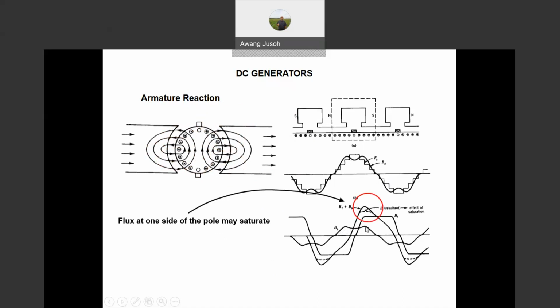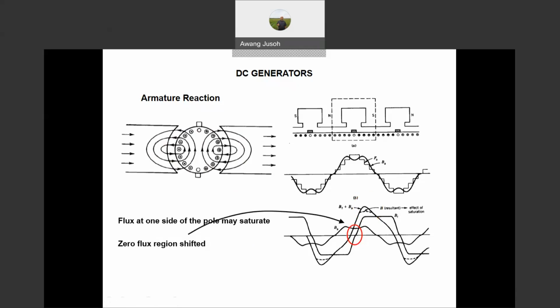And then some parts will be saturated. Okay, that is the resultant. And also the zero flux region is shifted. The original is here, now shifted here. So what happens then? It creates poor commutation. It will create sparks in the machine because the commutation is not so good.